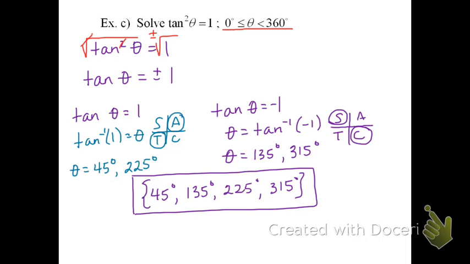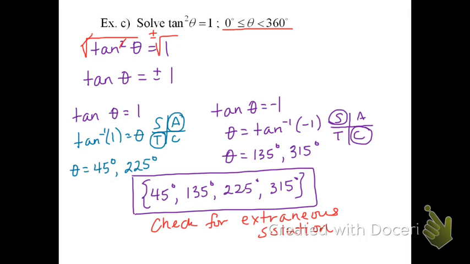So really when we're solving these, we really should be checking for extraneous solutions, because anything that gives us a value that's undefined, like tangent of pi over 2 is undefined, is going to make the whole entire equation undefined.